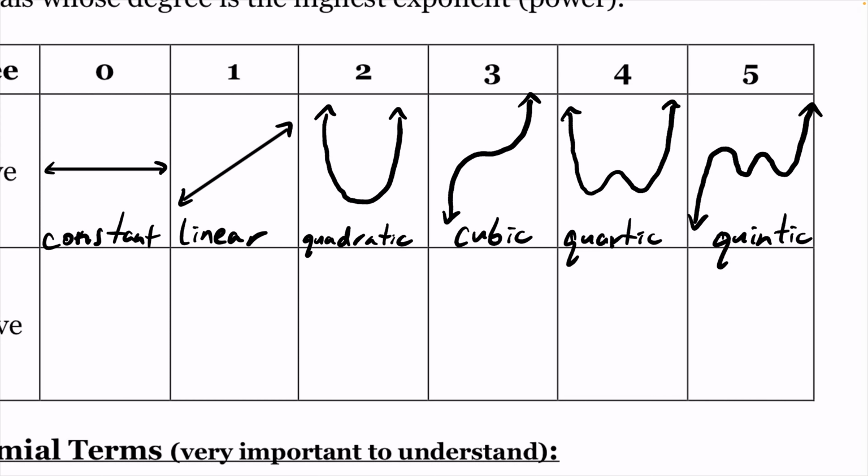So let's start with 1, 2, 3, 4, 5. What do you notice about all the evens? Their pictures are arrows up. What about the odds? Both, right? The left one is down, the right one is up. So 6 would be what? Up. 7, 8, so on and so forth.